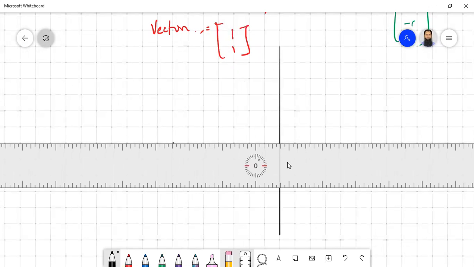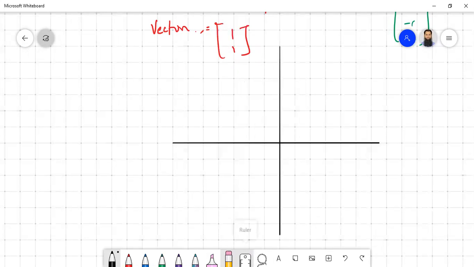Okay, so this is the axis now. Now let's find out the points. One point we already figured out is this one. And another one, say pi, 0, that is approximately 3.14, somewhere here.